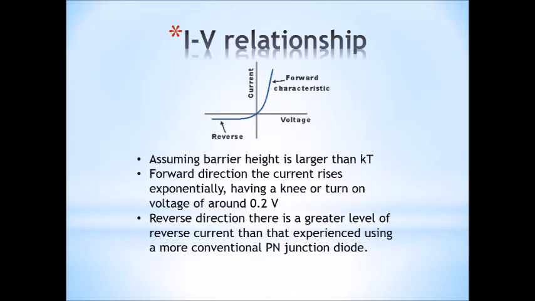As we can see from the graph, in the forward direction, the current rises exponentially, having a turn-on voltage around 0.2 volts. In the reverse direction, there is a greater level of reverse current than that experienced using a more conventional p-n junction diode.